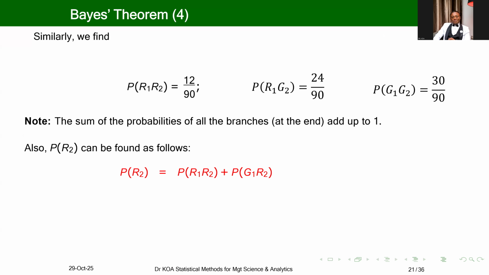Now, this is an interesting derivation from the total probability because it's like working backwards. Basically, that's what it means. So if you take, for example, this probability of R1, R2, which was 12 over 90, and J1, R2, which was that, we can use that to find the probability of R2.